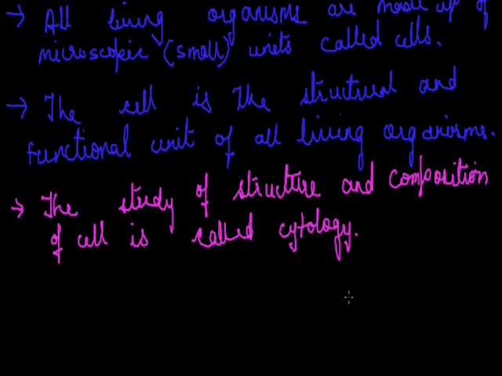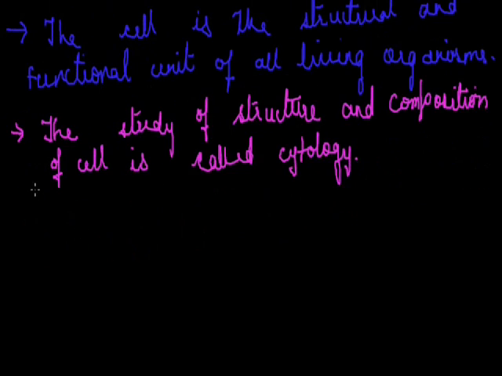Now let us see how these cells were first discovered. How we got to know that all living organisms are made up of very small units which are called cells. So the first cell was discovered by Robert Hooke.